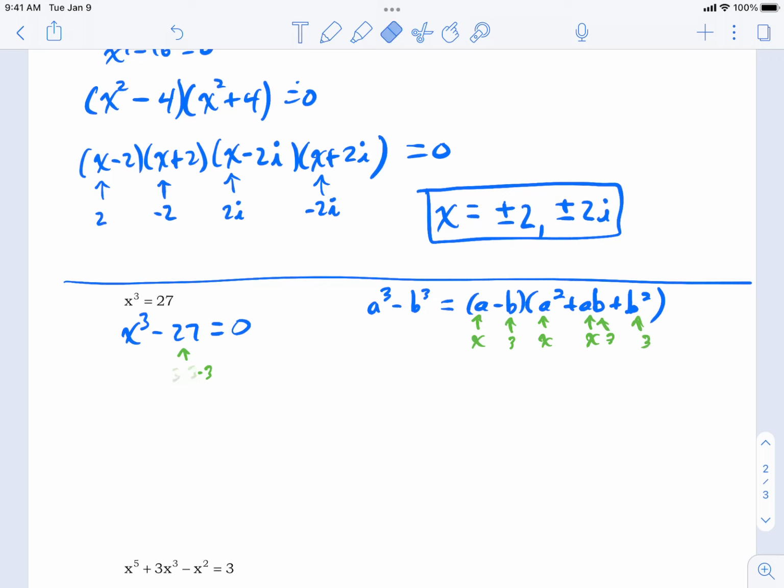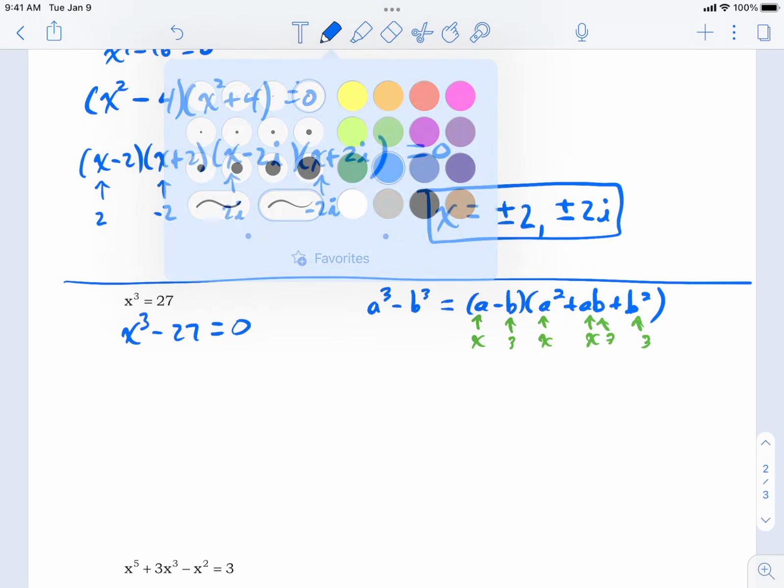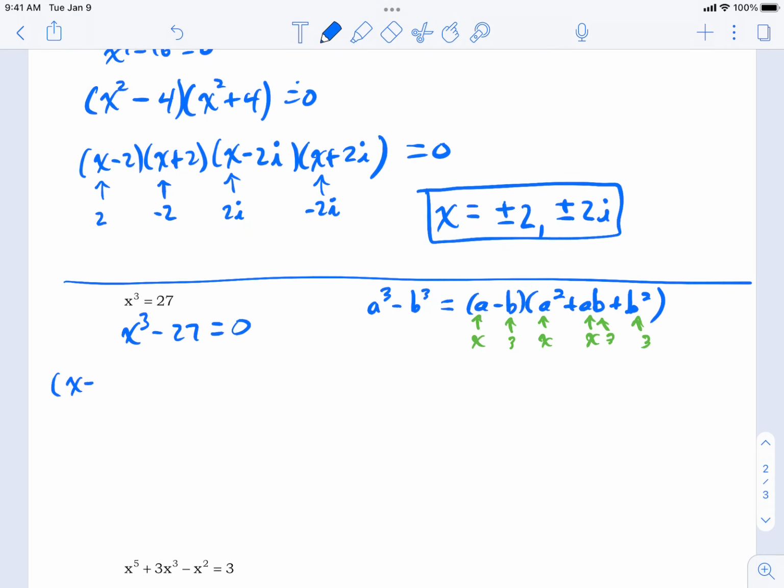So how does this factor then? It factors as x minus 3. So I'm reading over here. Take the x and square it, plus take the 3 times the x, plus take the 3 and square it, 9. There's our factored form.